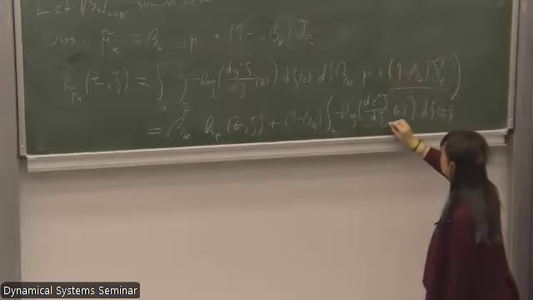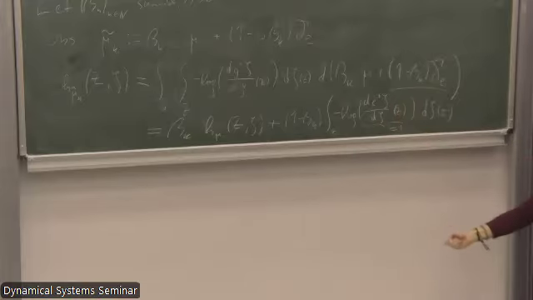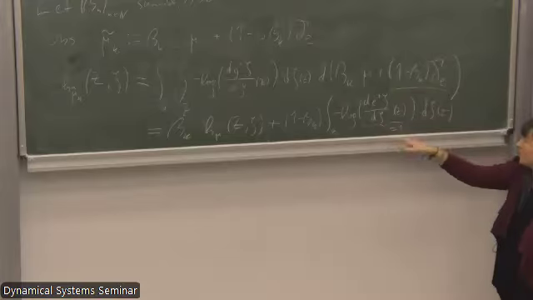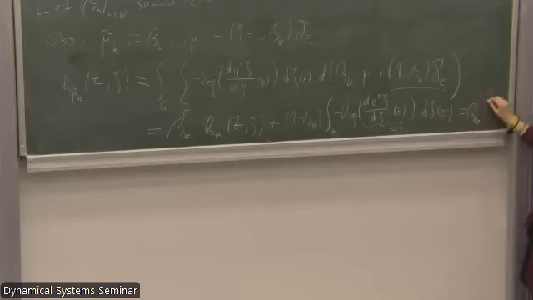Exactly, this is just 1. I'm not doing anything. If I don't shift the measure, my Radon-Nikodym derivative will be just 1. So I have here 0. So the outcome of the whole calculation is beta k times the entropy of mu on this space, which is nice.